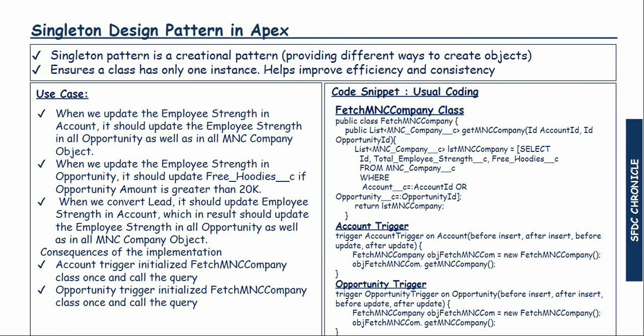Then again, the opportunity trigger will fire, and that will again create an instance of fetch MNC company. So in the same transaction, two different instances got created, and as we are calling get MNC company twice, the query will fire twice. Okay.